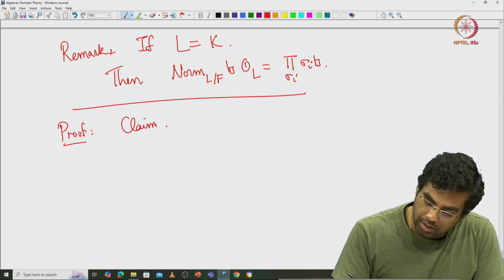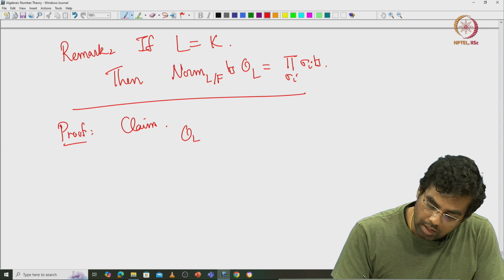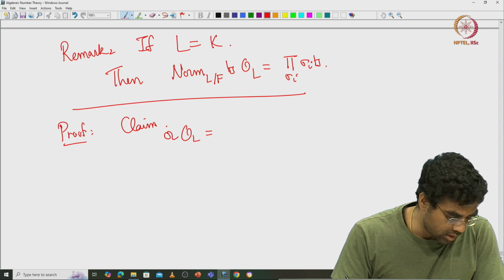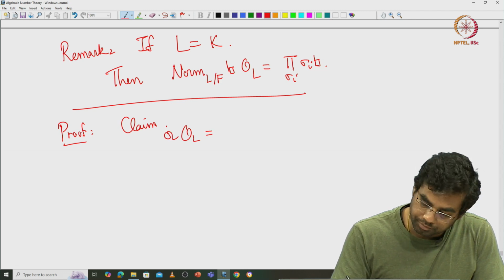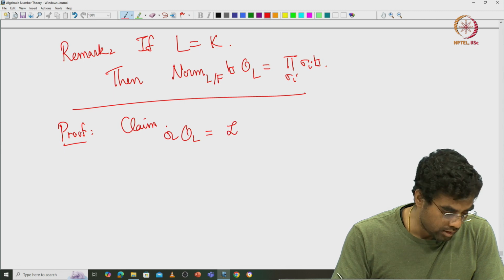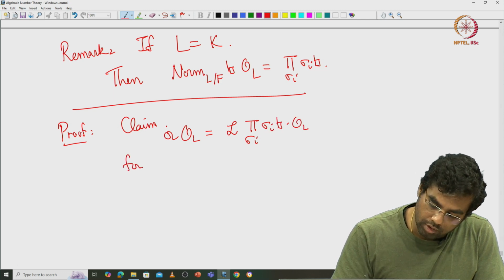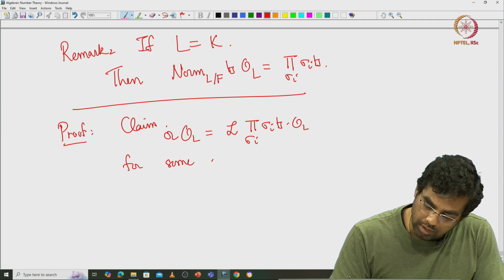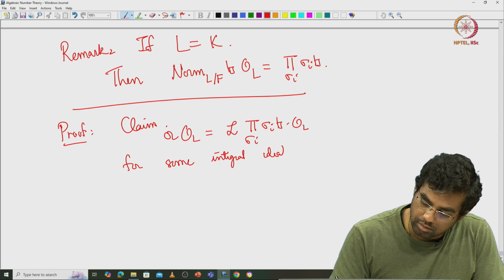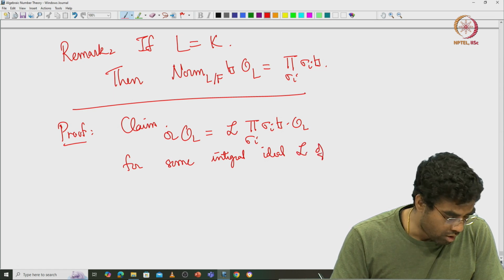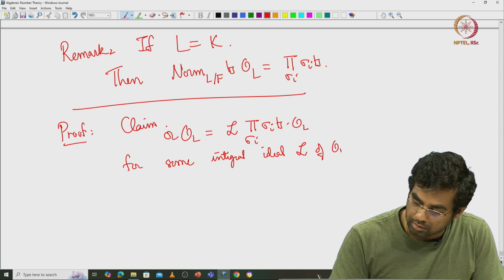It says that A OL is equal to L times the product over sigma I of sigma I B times OL, for some integral ideal L of OL.